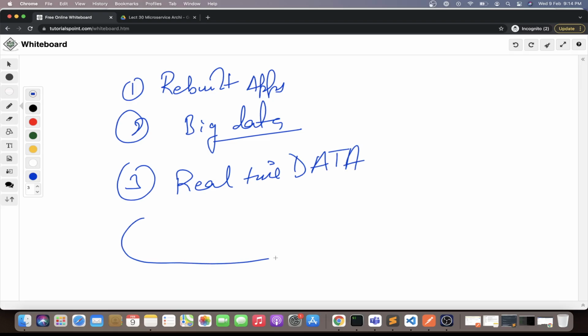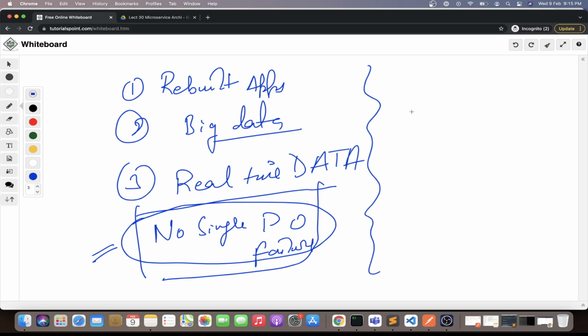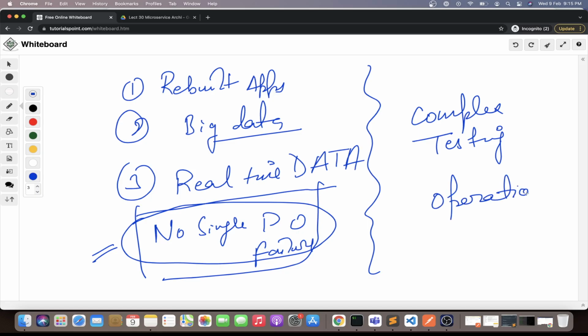One major advantage of using them is that there is no single point of failure. So this is a very important thing that one must know. Certain disadvantages: it has complex testing, and the operational cost is high.